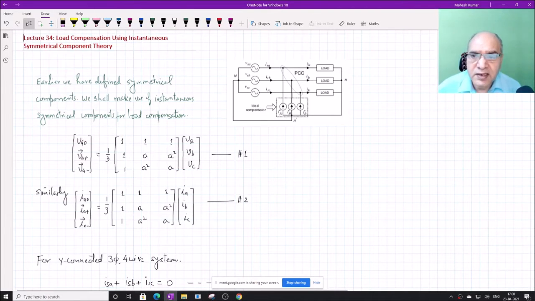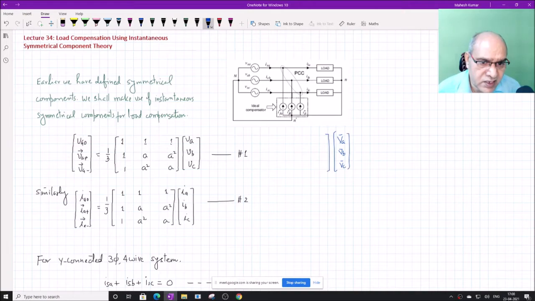Now we have already explained what the symmetrical component theory is. As I said, this theory was first developed for phasor applications, that is steady state symmetrical components, where we express the phasors VA, VB and VC, multiplied by the symmetrical component transformation matrix, which is 1 1 1, 1 a square a, 1 a a square, where a is the complex operator, and 1 by 3 here.